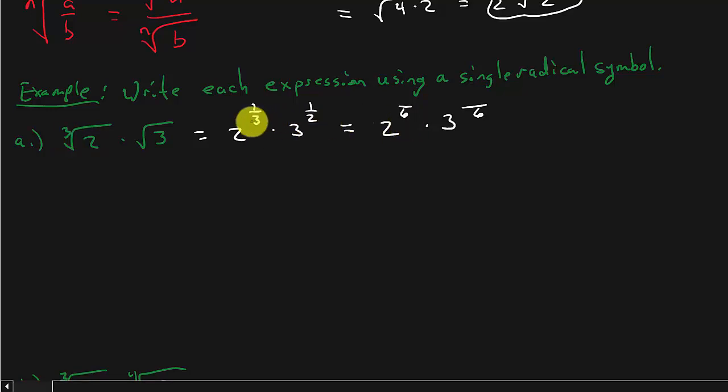So if this is a 6, remember how to build up fractions? 2 times 3 is 6, so I've got to multiply the 2 to the 1, so that's going to be 2. And then 3 times 2 is 6, so 3 times 1 is 3. And then what we do is we convert this back to radical form. So that's going to be the 6th root of 2 squared, times the 6th root of 3 cubed.